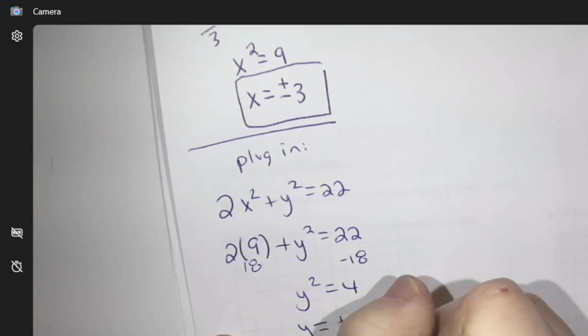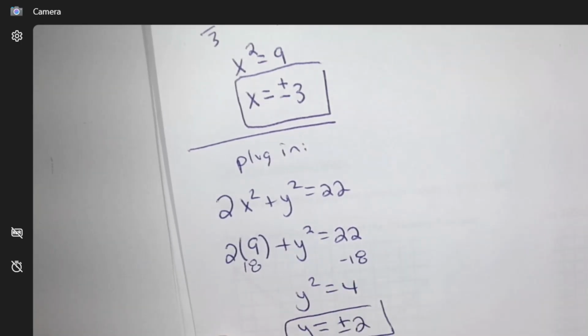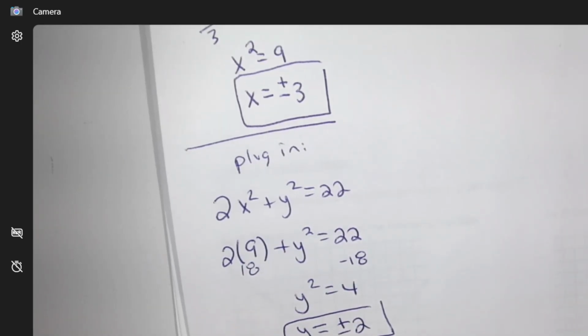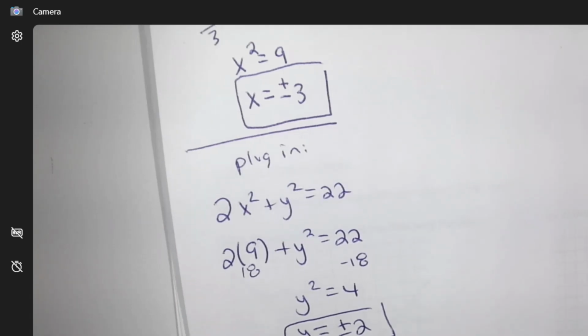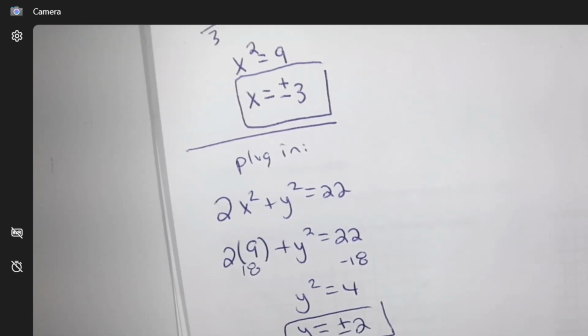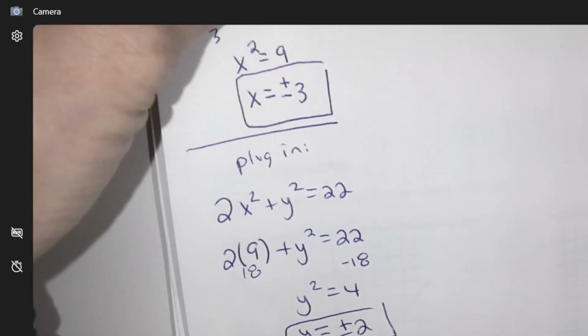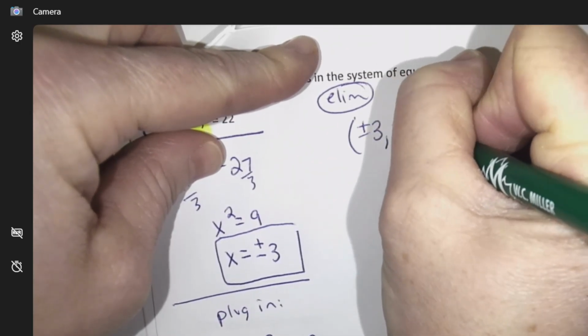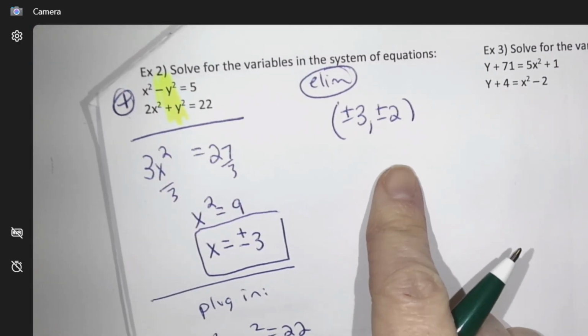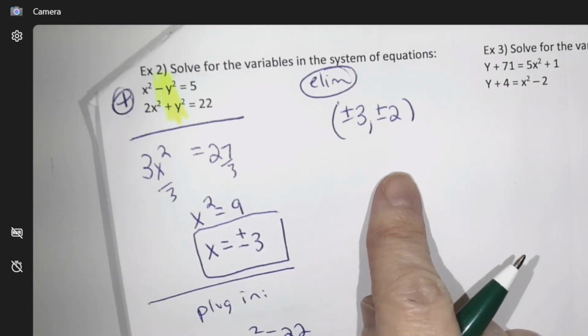Y equals, okay, so this is your answer. There's actually 4 coordinates that work. Okay, I'm okay if you leave your answer like this, but here's what's actually happening.